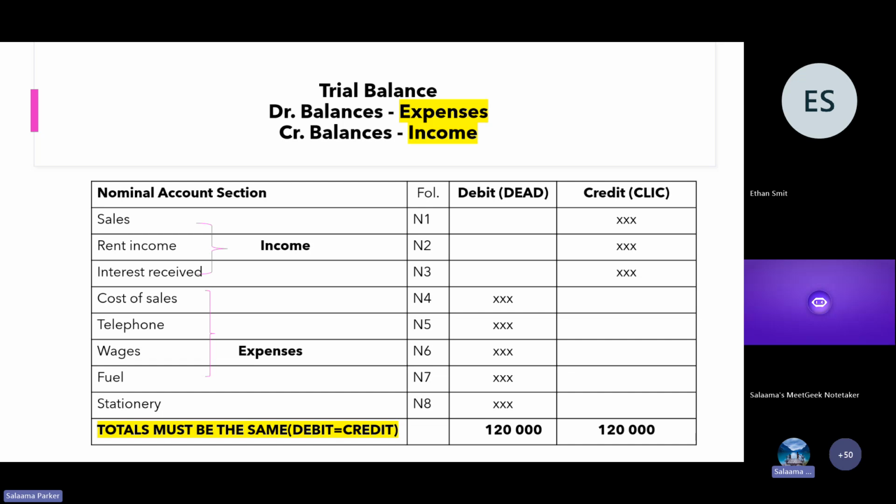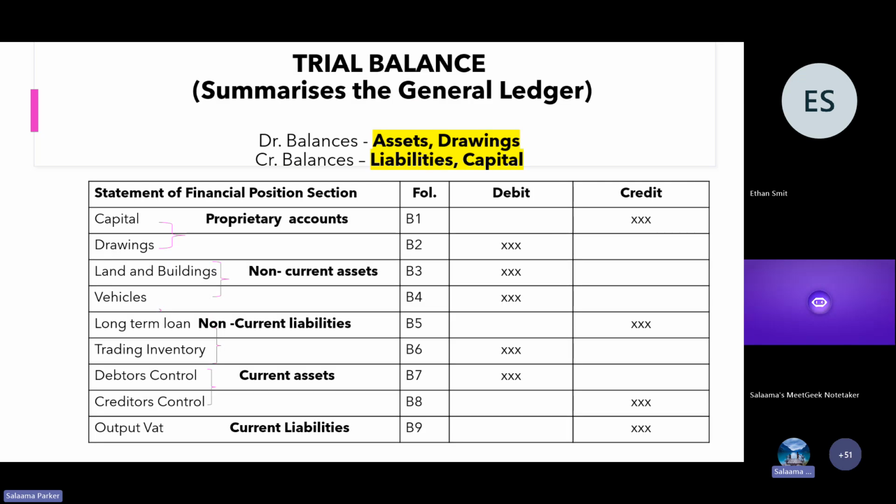Here we only record our income and expenses, right? And in the statement of financial position section, here we only record our proprietary accounts, our assets, and our liabilities. Okay. Any questions there?